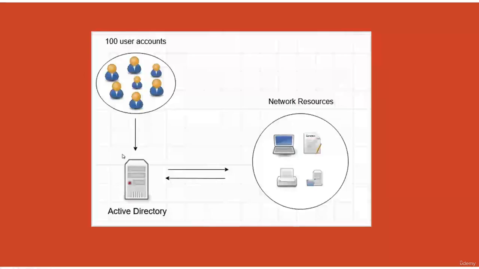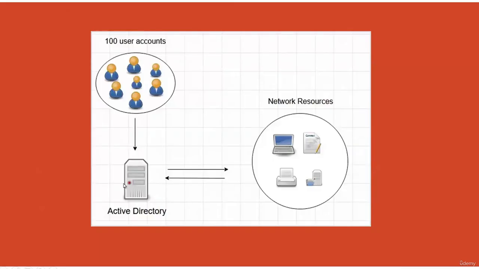So this is Active Directory, the server. You can call it 2016 server, 2019 server or 2022 server. All the servers have the Active Directory role; you just need to configure it. These are the users managed from the Active Directory, and these are the devices, network devices. Those will also be managed by the Active Directory.